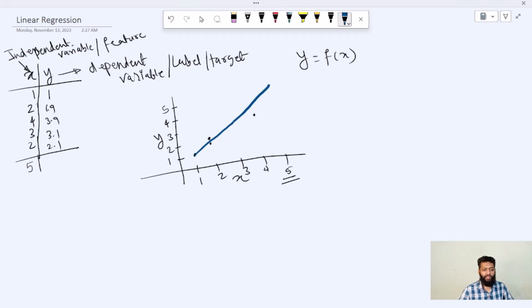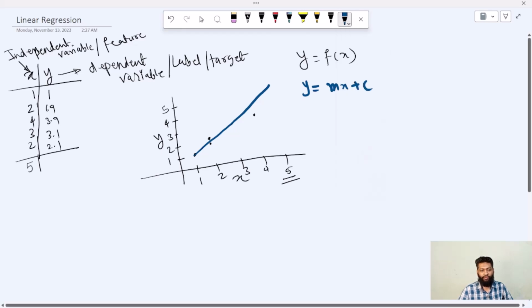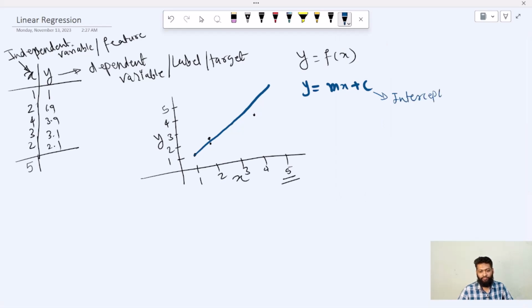Now there will be a relationship between y and x like this: y is equal to mx plus c, where c is the intercept point and m is the slope.